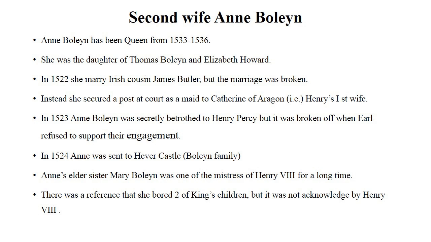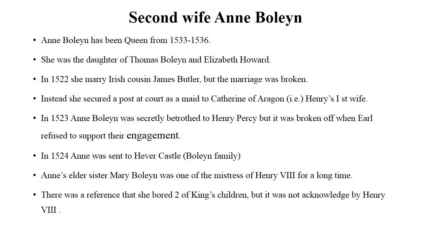Anne's elder sister, Mary Boleyn, was also a mistress of Henry VIII for a long time. There are references that Henry VIII and Mary Boleyn had two children. She bore two children, but they were not acknowledged by Henry VIII anywhere.